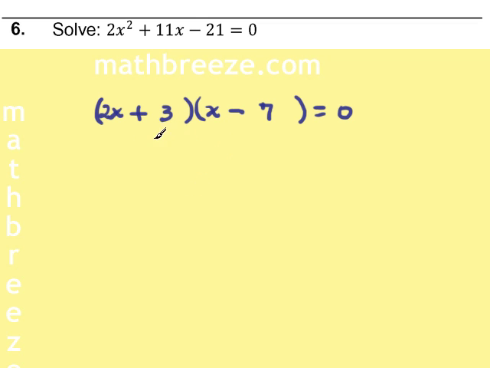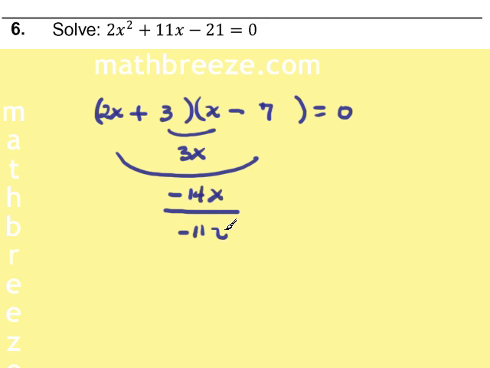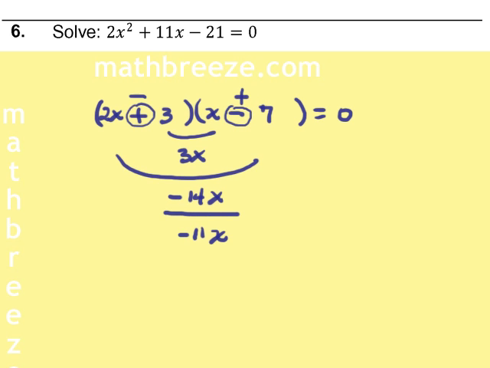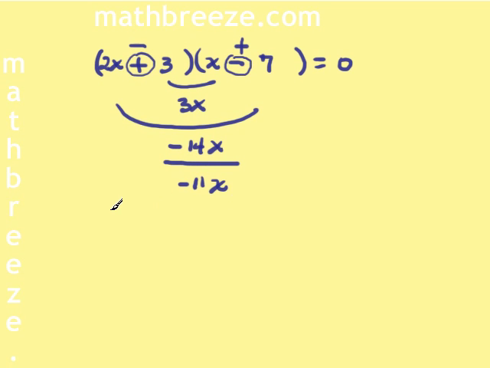Okay, so here we have 3x minus 14x. The sum is negative 11x. The middle term has the wrong sign. So we're just going to switch the signs, and we have 2x minus 3 equals 0.